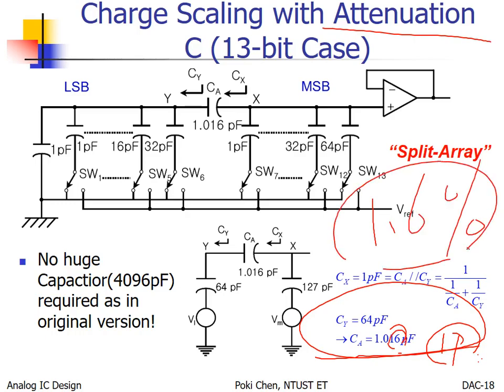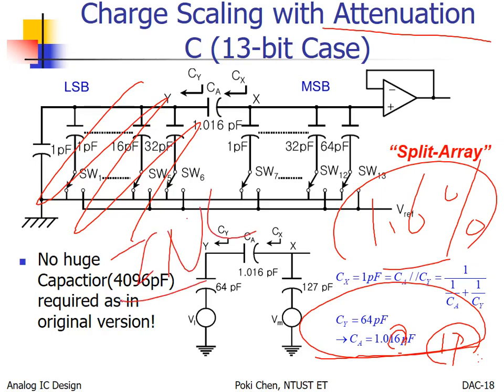The error is 1.6%. So it means what? You cannot have too many bits for your LSB. Otherwise, you will cause too much INL, according to the 1.6% attenuation error.